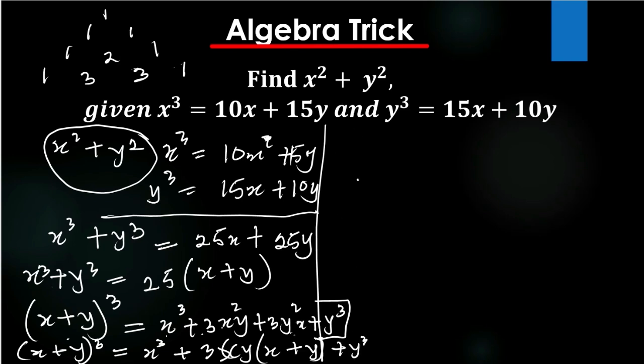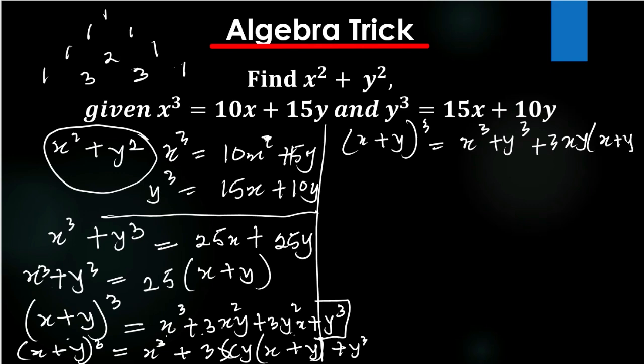So that uniquely I can rewrite this way. x plus y raised to power 3 is the same thing as x raised to power 3 plus y raised to power 3 plus 3xy into x plus y.